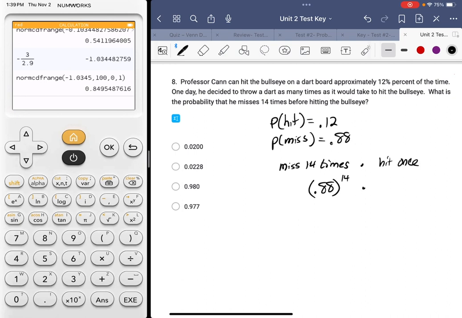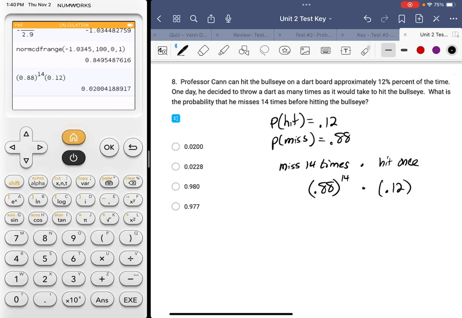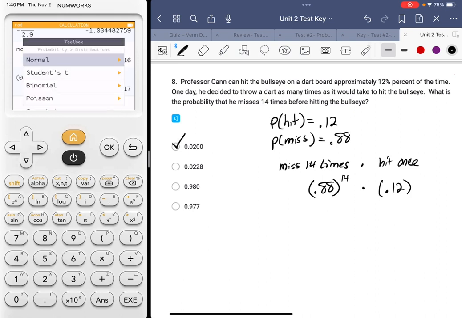So that would be times 0.12. So I could do 0.88 raised to the 14th power times 0.12, close it up, and we're looking at something that would round to 0.0200.